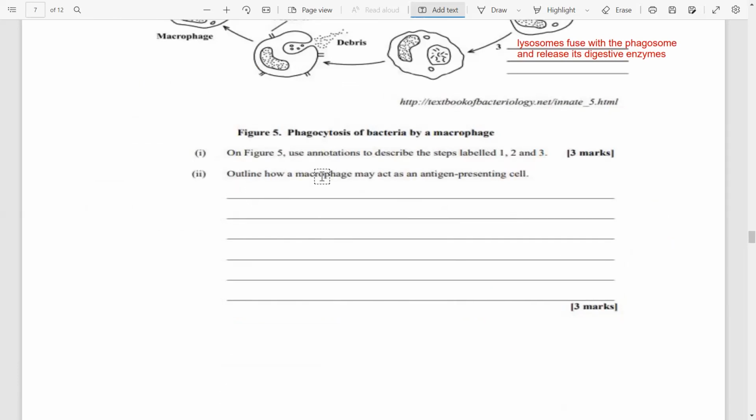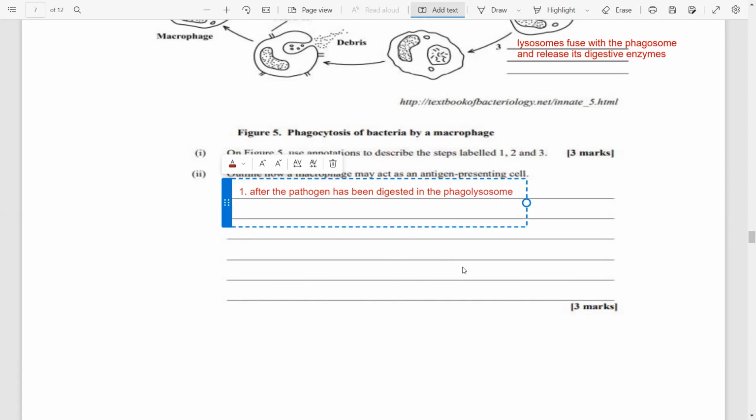So how might a macrophage act as an antigen presenting cell? Well, you want to say after the pathogen has been digested in the phagolysosome, proteins or antigens from the pathogen are preserved.